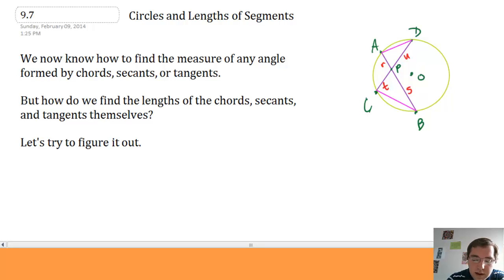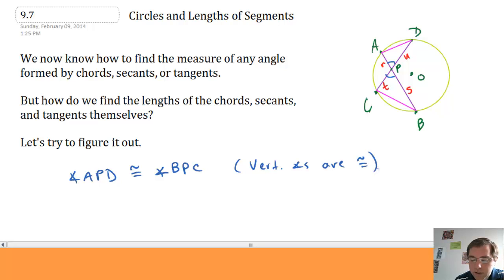For instance, I know that I've got a pair of vertical angles in the middle here at point P. So that gives me one pair of congruent angles. Angle APD is congruent to angle BPC because vertical angles are congruent.